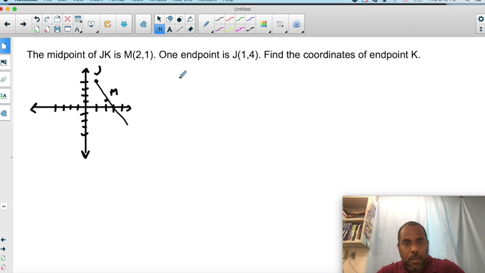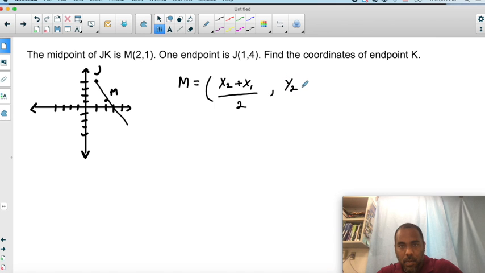And I think of the midpoint formula as M is equal to the quantity of x2 plus x1 all over 2, comma, y2 plus y1 all over 2.